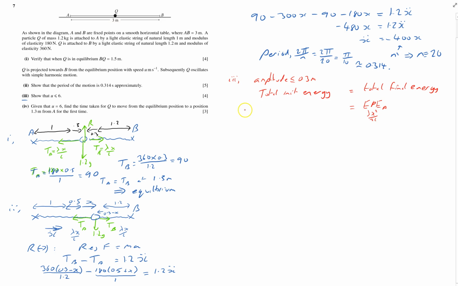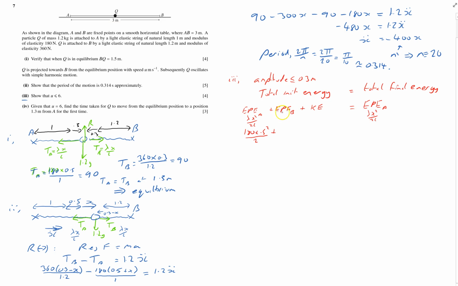So on the left hand side we'll have the elastic potential energy at the beginning of A plus the elastic potential energy of B, plus we've been given a velocity, so I have kinetic energy to start with. As always, I like writing down the formula: lambda x squared over 2L. So of A, at the beginning, lambda is 180 times the extension 0.5 squared all over 2L, which is 2.